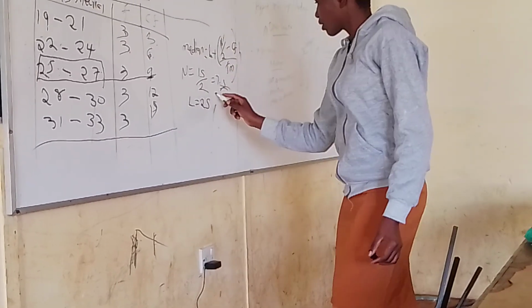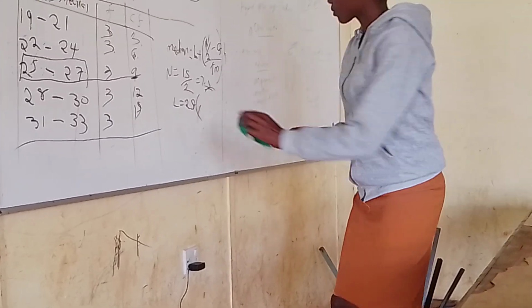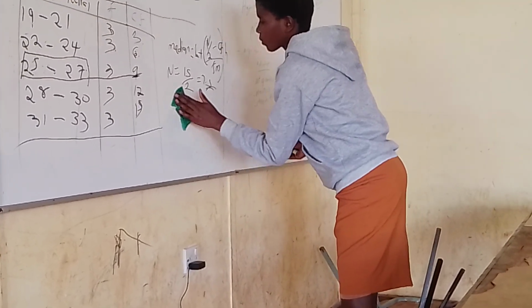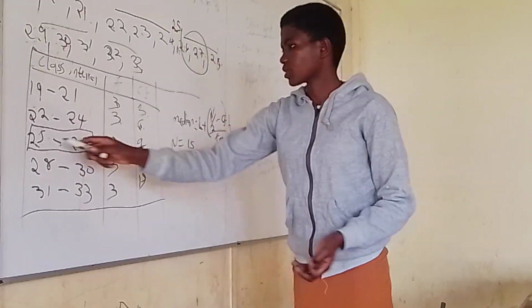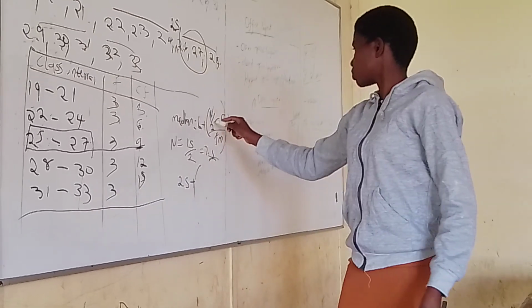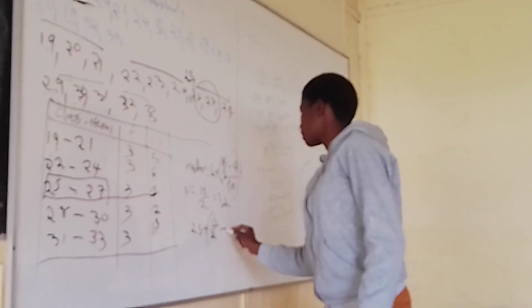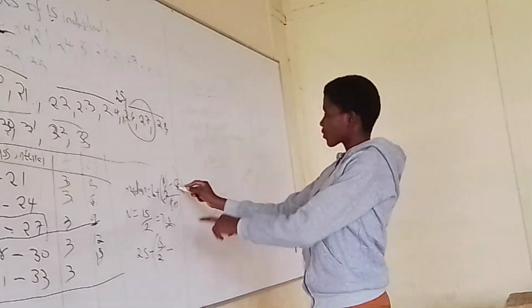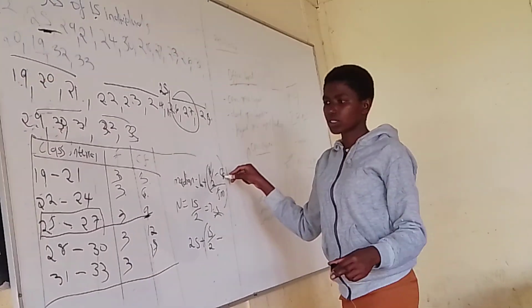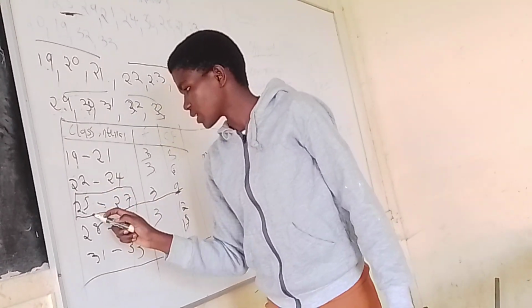Then into the formula, our L is 25 plus N over 2, which is 15 over 2, minus CF. CF is the cumulative frequency of the class interval preceding the median class.